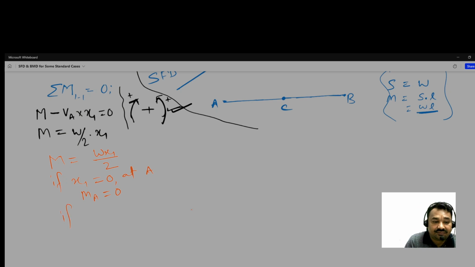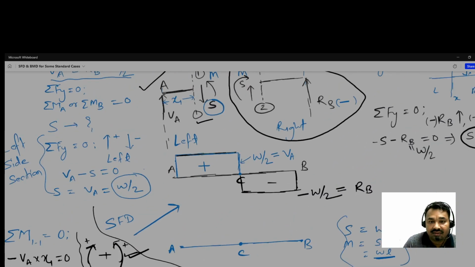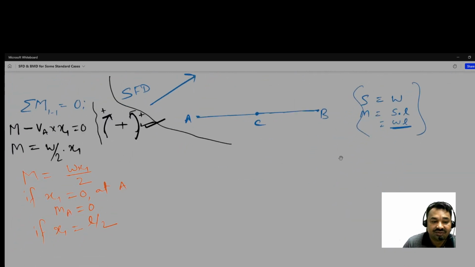And if x1 is equal to the half distance L by 2, you can see here, it is varying L by 2 from here to here. That's why from A to C, means from A to C we are taking.